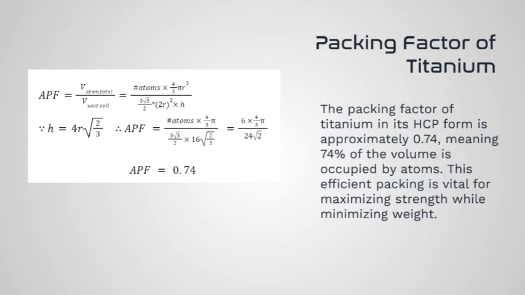Using the coordination number for the number of atoms, multiplying by the volume of an atom, and then dividing it by our formula, in this case HCP, for the volume of the unit cell. Knowing that H equals 4R radical 2/3, we plug that into our formula, simplify, and solve to find that the APF for titanium comes out to 0.74.